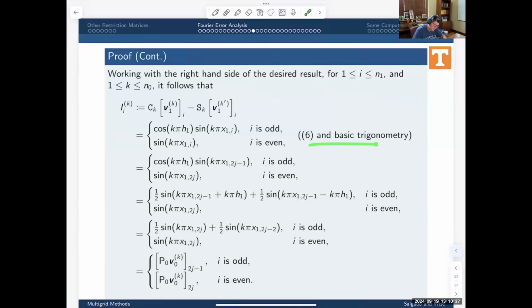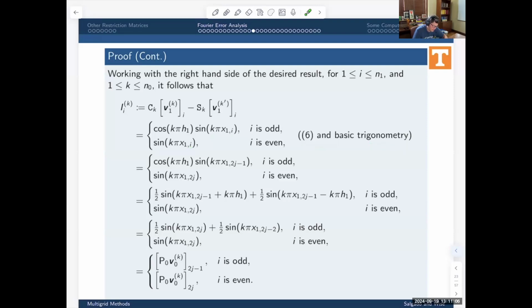And some basic trigonometry, we can show that this, keeping in mind we know what these are. These are just sine waves, so I can combine them together. If I is odd, I'm going to get out cosine k pi h1 times sine k pi x1_I. And if I is even, I find that I get sine k pi x1_I. So that's an exercise for you to do.